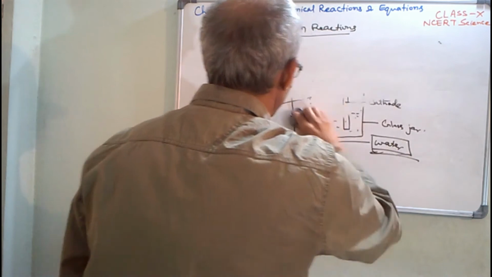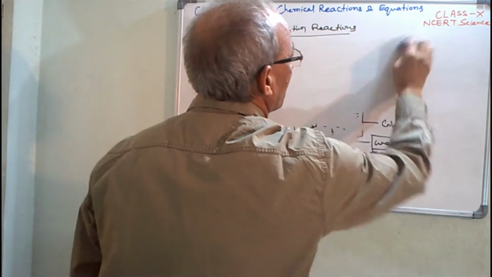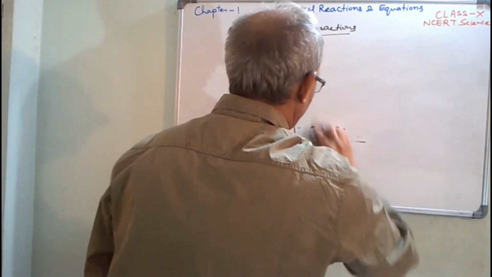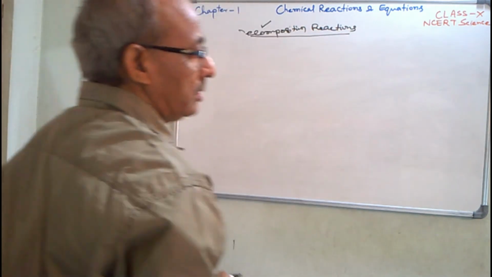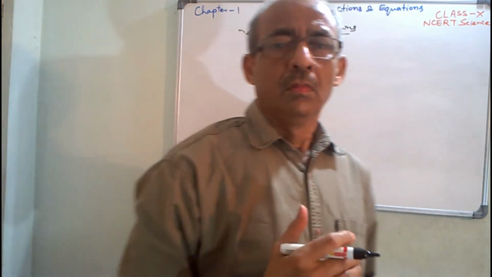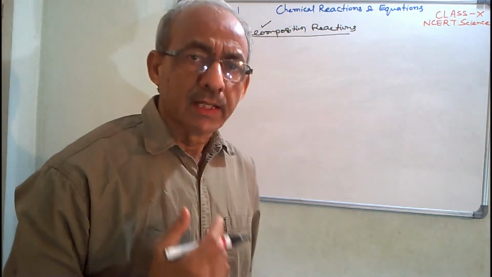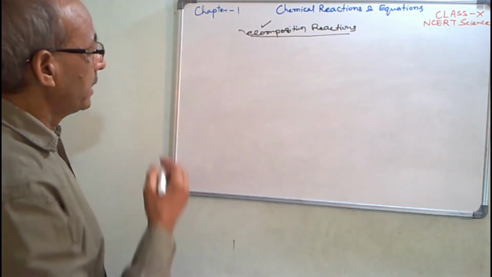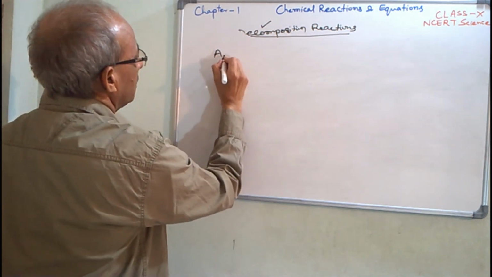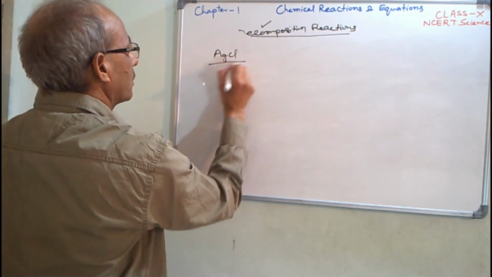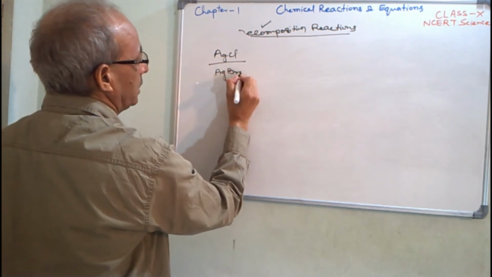Photo-decomposition reaction. With a certain example, we will understand the photo-decomposition reaction. For observing the effect of sunlight, we take some amount of silver chloride and silver bromide.